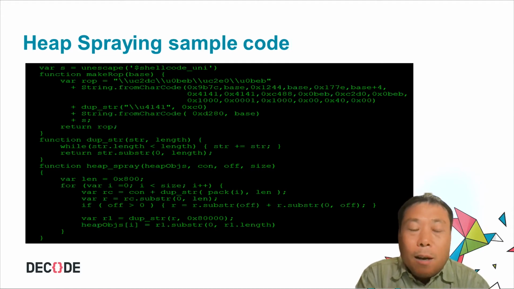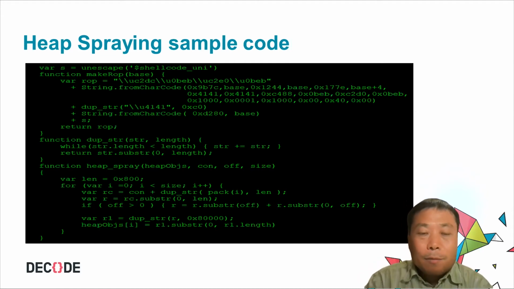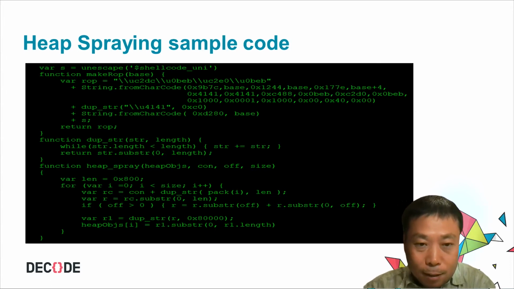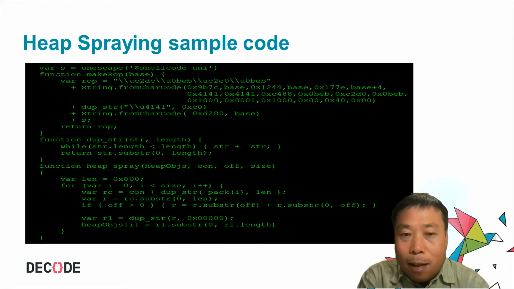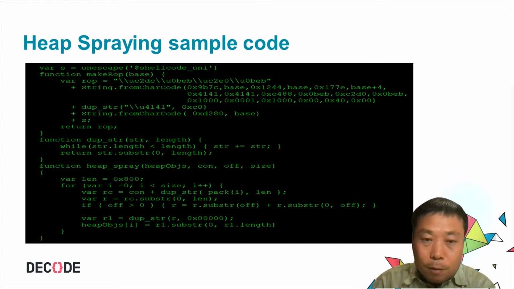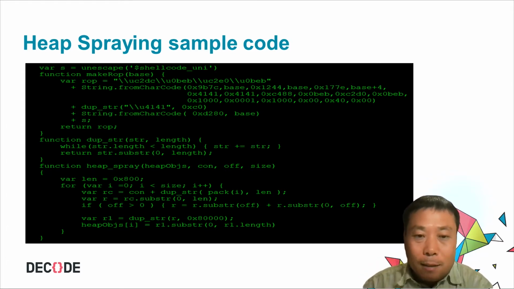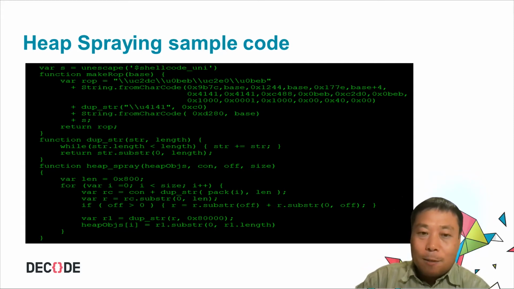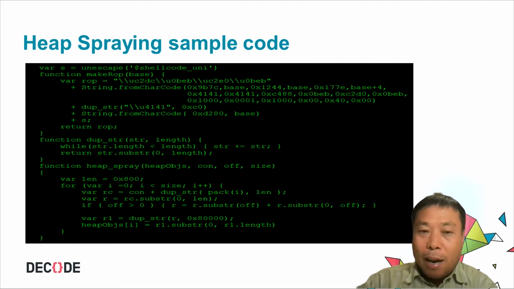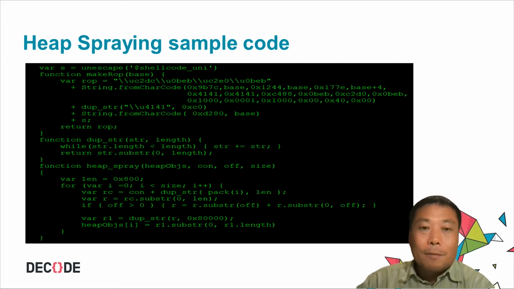Okay, here is the heap spray code I used. You can see for each string, I use the index as content, to make sure every string is different. And I use this offset to move the shellcode backward or forward inside the string, and to align it at the fixed address, like 0C0C0C.